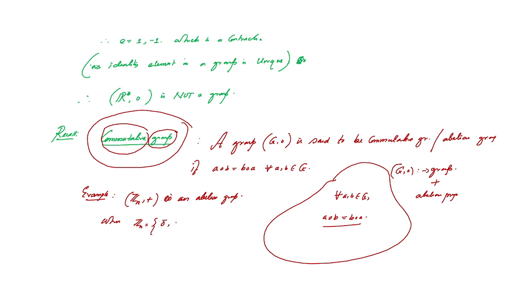So remainder will be 0 or 1 or 2 up to n minus 1, integer modulo n. Okay. And you will check this is an abelian group with respect to addition. In fact, you will see later this is a group of order n that contains n elements. So that means number of elements in Zn.